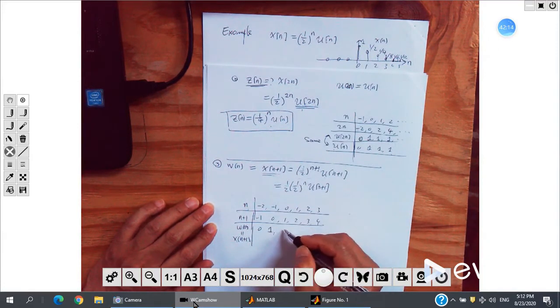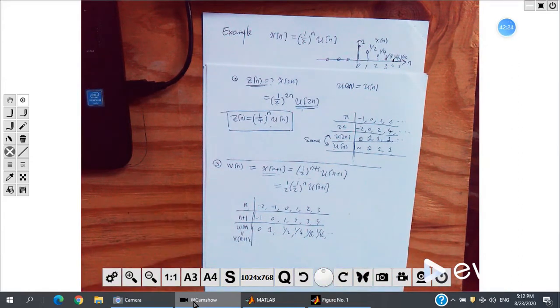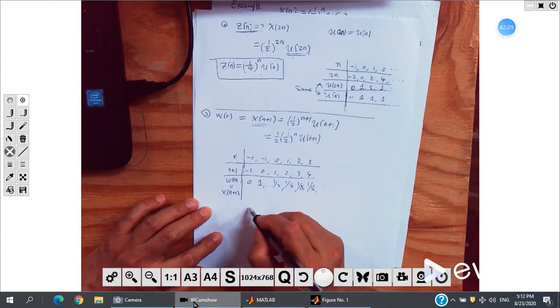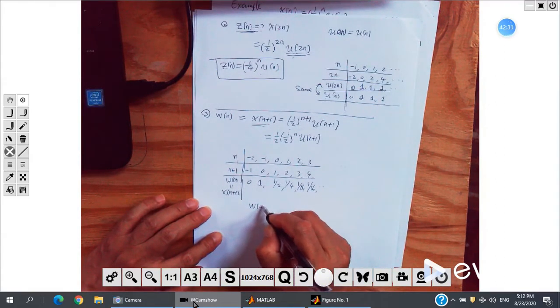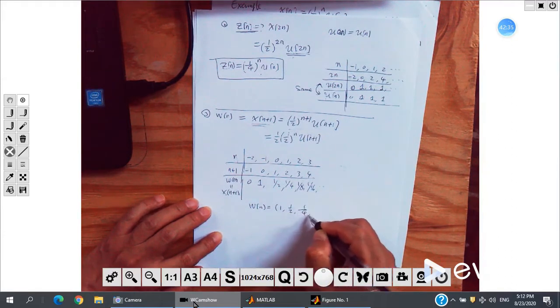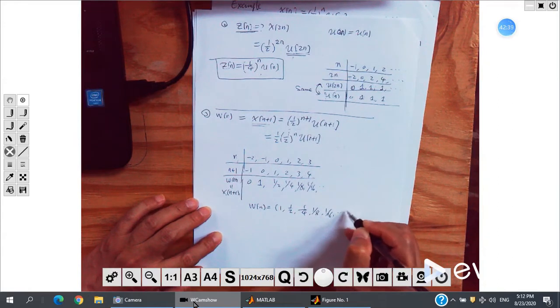When the index is 1, it is 1/2, then 1/4, and 1/8, and so on. Right? We get this one, and we can have a graph to see. Now we can list W of n equal to 1, 1/2, 1/4, 1/8, 1/16, and so on.